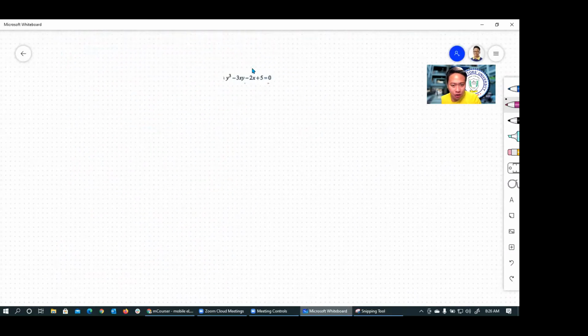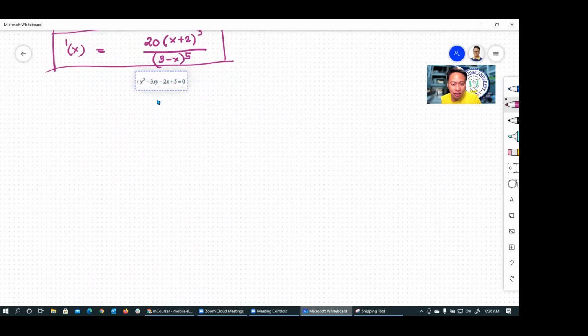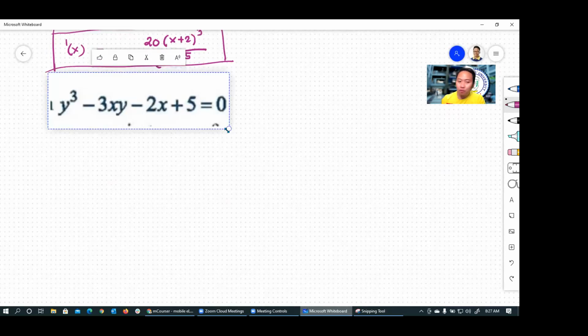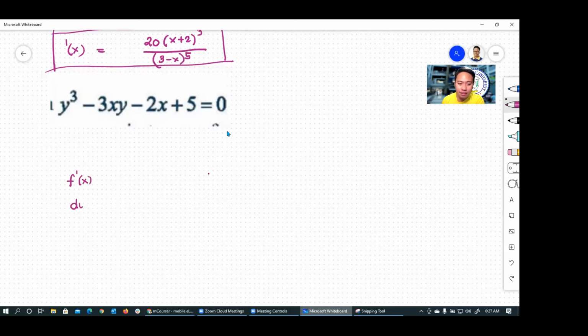Now, remember, guys, in our previous derivative examples, we usually write f prime of x, dy over dx, y prime, and so on. These notations mean the same thing. They are always equal. I believe I discussed this last time.